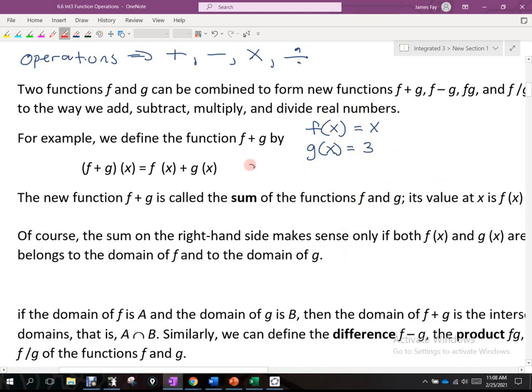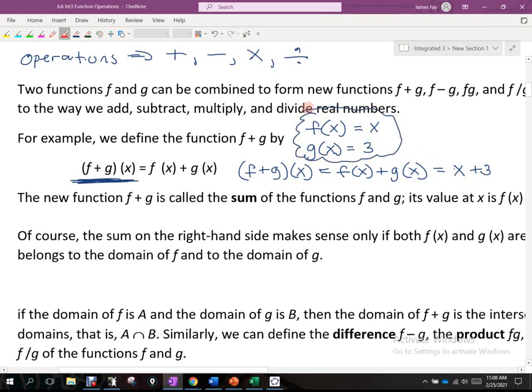If I asked you to find f plus g of x, that is identical to taking whatever f of x is and adding to it whatever g of x is. What is f of x? It was x. What is g of x? We're saying it's 3. So if I add those two things together, f of x plus g of x, it gives me x plus 3.